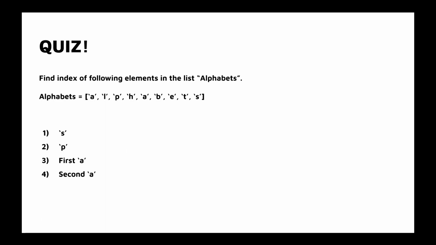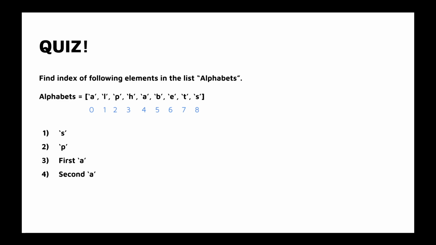Now it's your turn. Find the index of the following elements in the list alphabet. Please pause the video and try it on your own. Okay, to make the question easier, I put an index for every single element in the list, beginning from 0 and ending with 8.